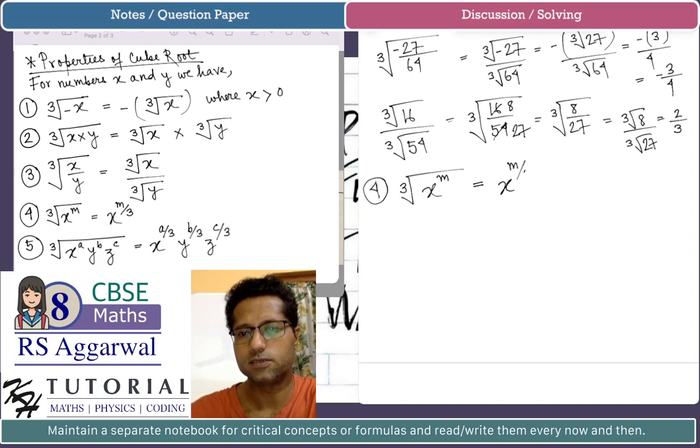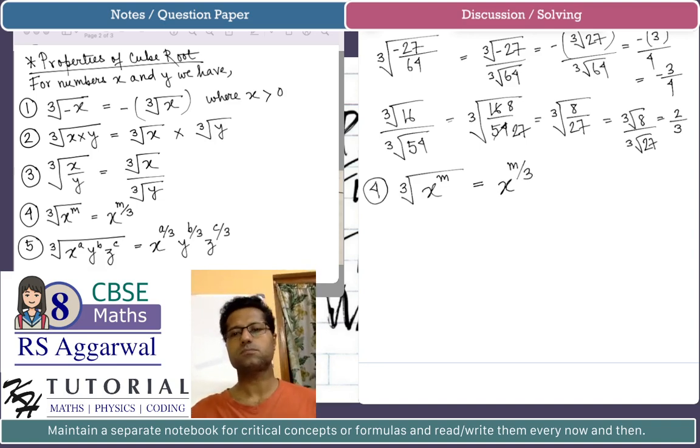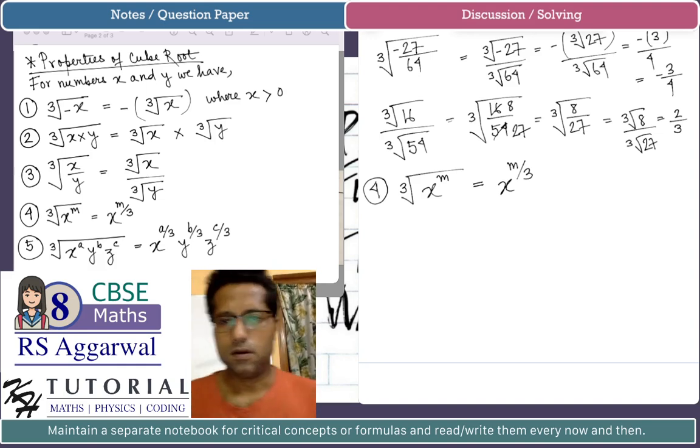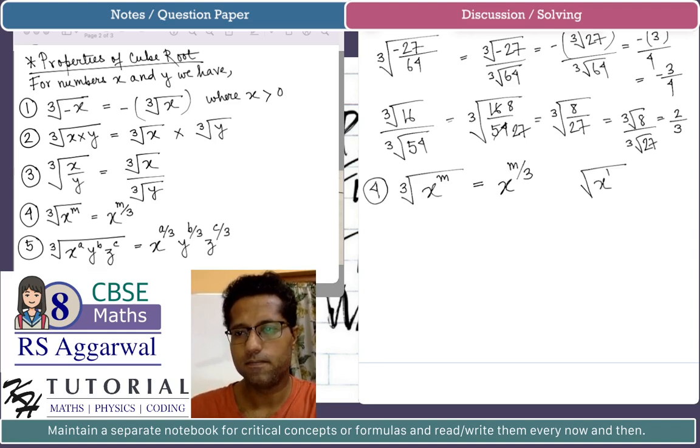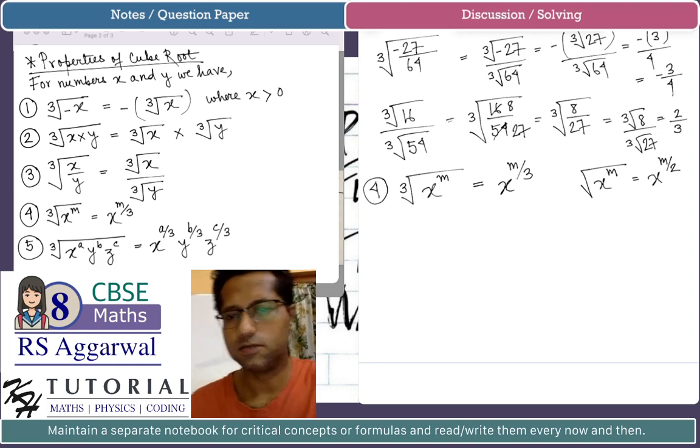This is also a property of cube root, just like it is also the same for square root. Square root of x to the power m is nothing but x to the power m by 2. The power gets divided by 2 in case of square root, and the power gets divided by 3 in case of cube root.